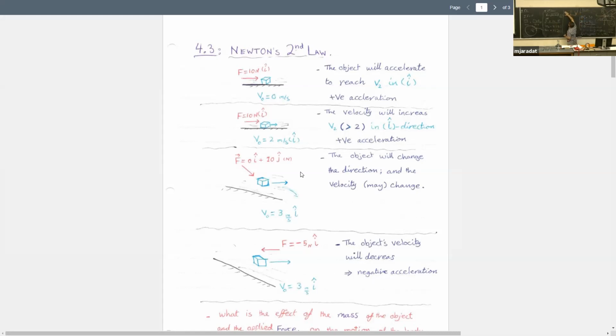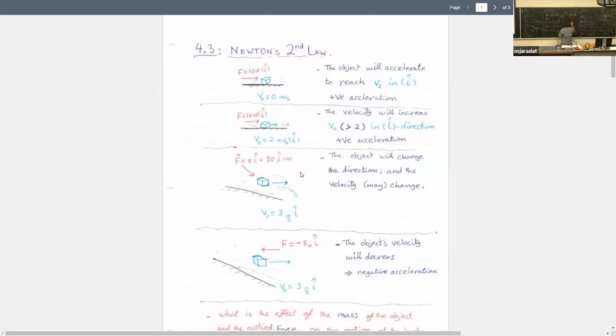If I give it a force in the opposite direction, this is the same as this. Maybe it is a friction force. If you remove your foot from the accelerator, then that velocity will get smaller because you have an opposite force.